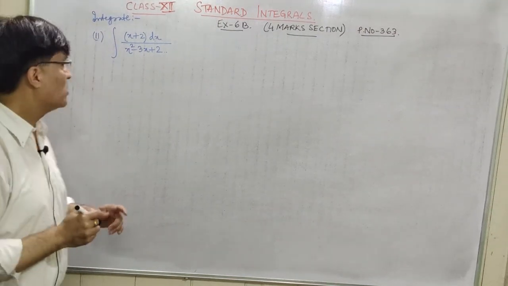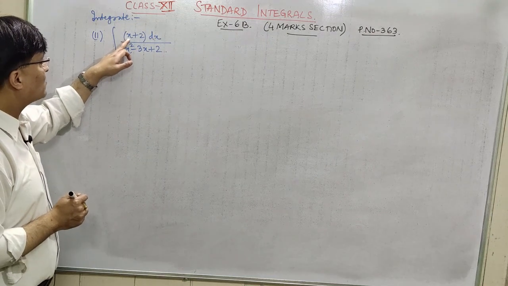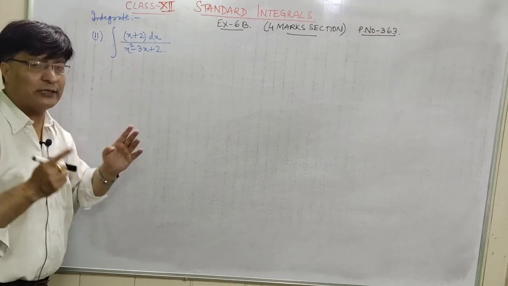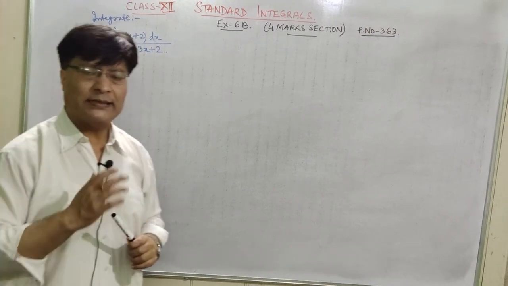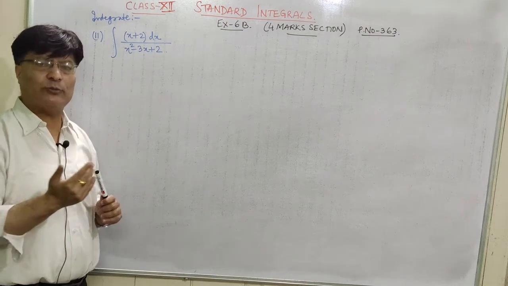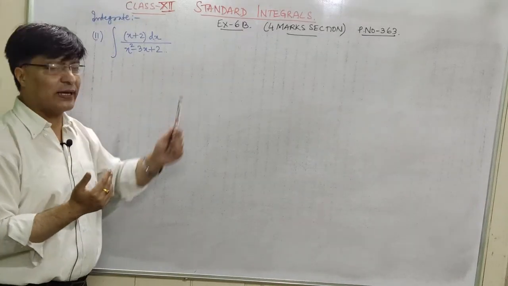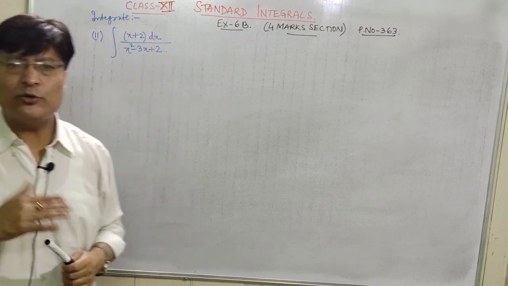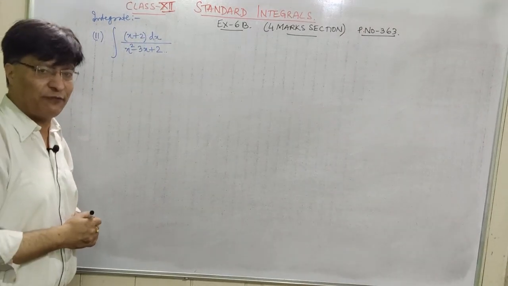Is that clear? So in this case, the highest power of x in the numerator is 1 and the highest power of x in the denominator is 2. Okay? That is, the highest power of x in the numerator is less than the highest power of x in the denominator. And you can factorize this denominator. So we can factorize it and then you can convert them into partial fraction.